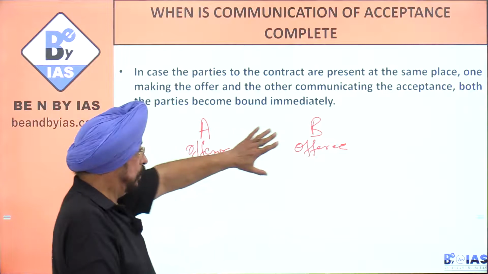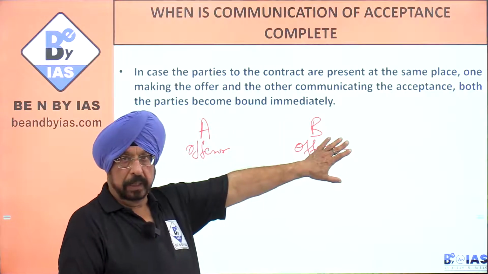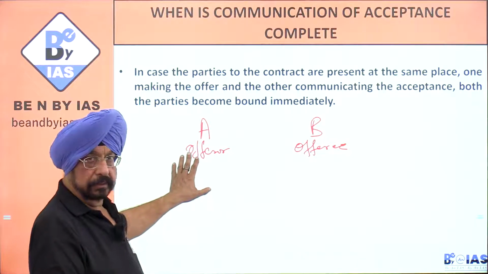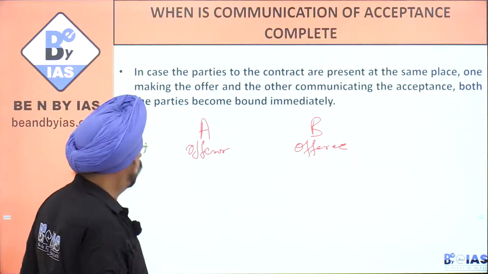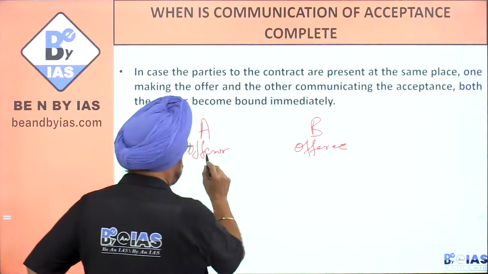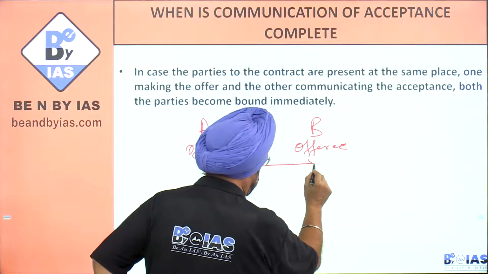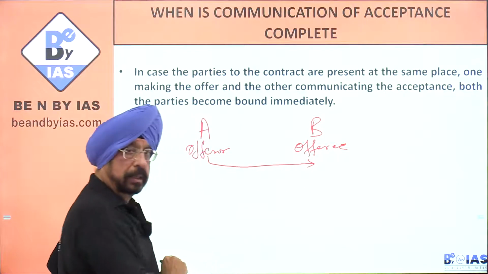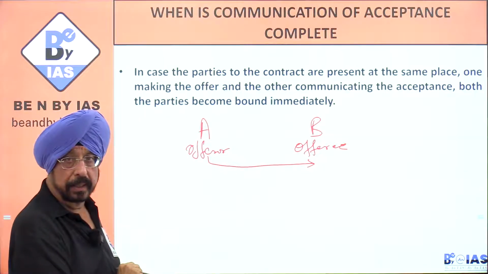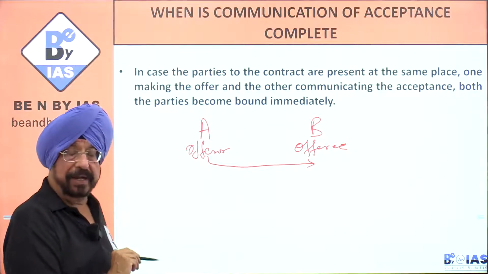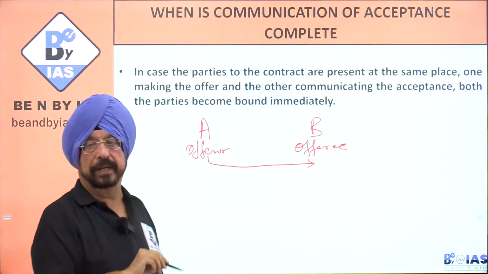A has made the offer to B. B must accept it to make it a valid contract. Now, A's communication of offer to B is complete when it comes to the knowledge of B. Offer.